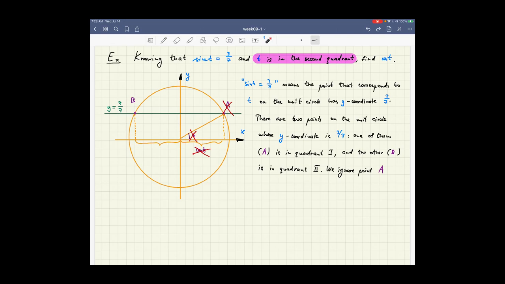The answer, cosine t, is the x-coordinate of this point.